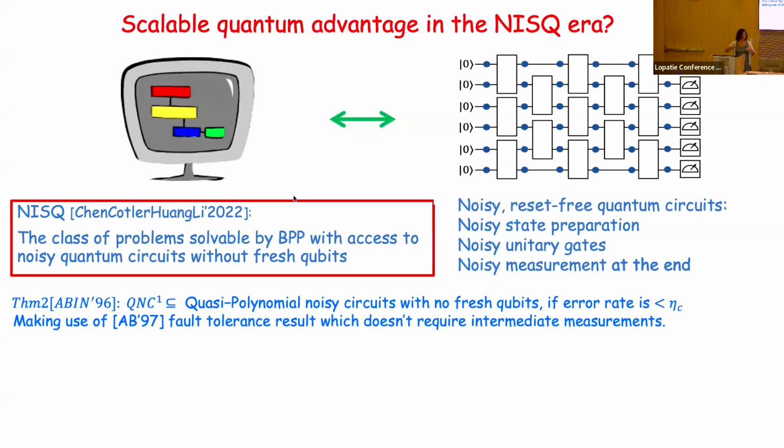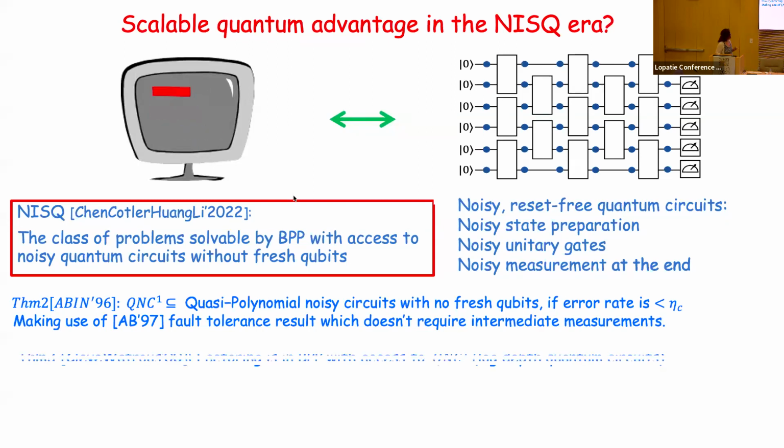And since they only have logarithmically many time steps to decay, for every fresh qubit you need at time t, you just prepare polynomially many qubits and you distill them. Even though the distillation is performed by noisy gates, it's still enough. So you can run fault-tolerant quantum computation without fresh qubits, as long as the noise rate is less than some value. Okay, so log depth is in quasi-polynomial NISQ with noise rate less than some value.